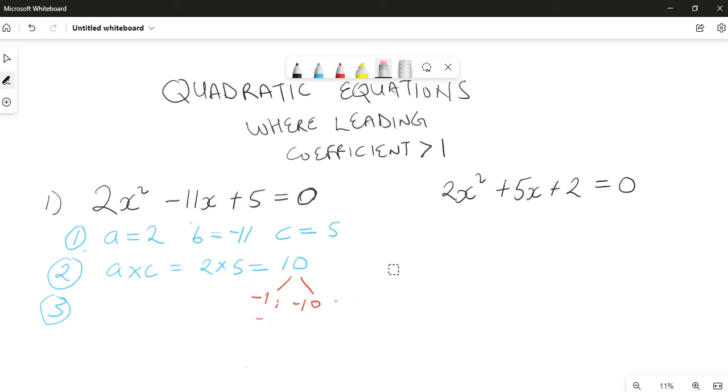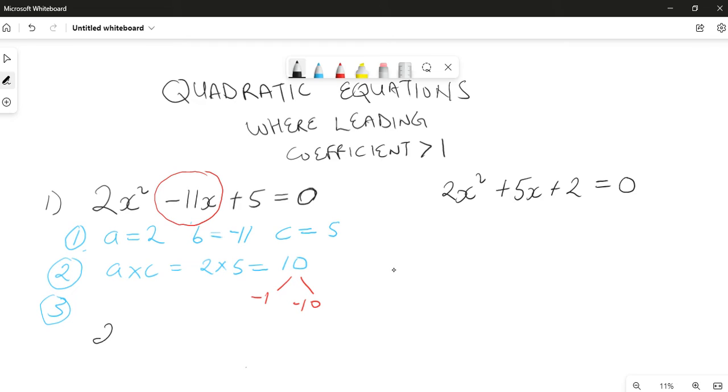Now this is where it differs from the quadratic equation where the leading coefficient is 1. It's because we're going to split our b term. So this negative 1 becomes negative 1x, and this negative 10 becomes negative 10x.